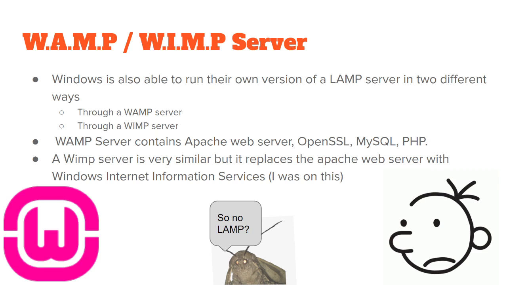And then a WIMP server is very similar to the WAMP server, but it replaces the Apache web server with Windows IIS, which is Windows Internet Information Services, which is actually what I was handling this year for CCC, along with the workstation boxes. IIS is most commonly used to host web applications and static websites, and allows you to do a lot of logging and a lot of cool other stuff.